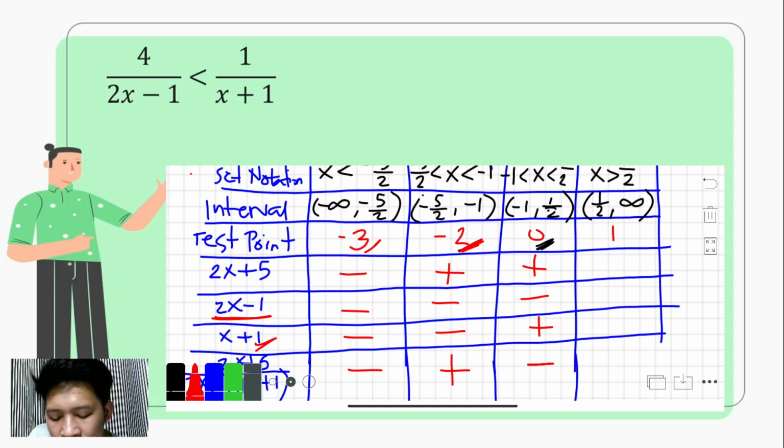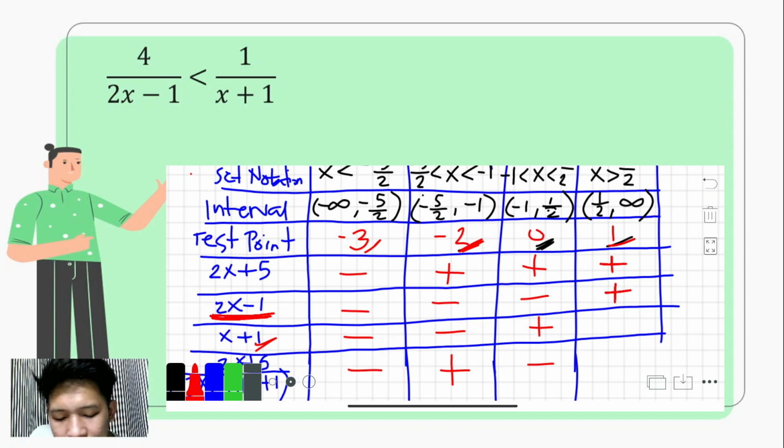And lastly, we have here 1. So, substitute natin si 1 dito. So, we have here 2 times 1 plus 5, that's positive 7. Hence, it's positive. Next is that we have 2 times 1 minus 1. That's 2 minus 1, that's 1. So, that is positive.